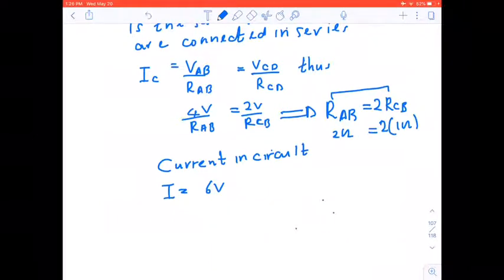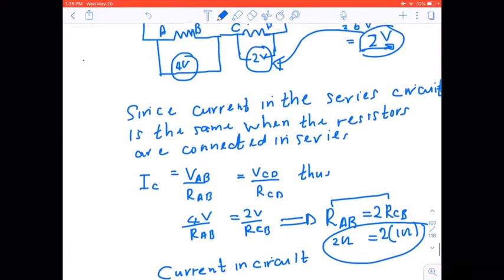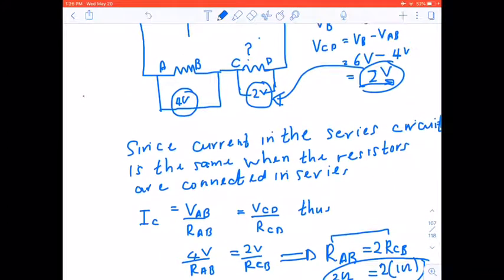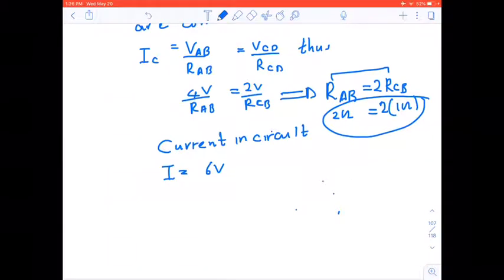But if we take this relationship and we say, okay, I am taking this to be 1 ohm, and that is 2 ohms, which means it's a total of 3 ohms. So if I take that to be 3 ohms, I find my circuit current is 2 amps.